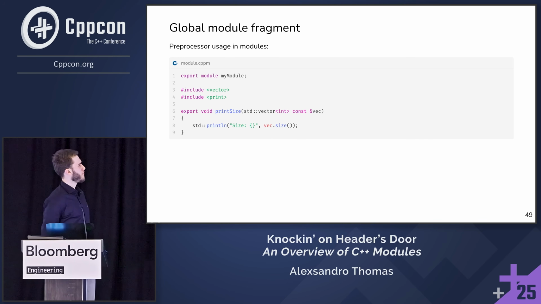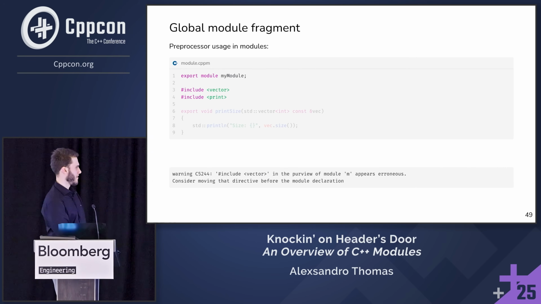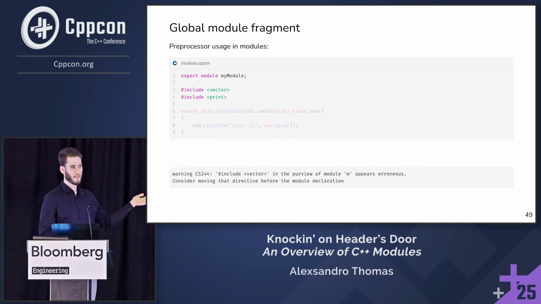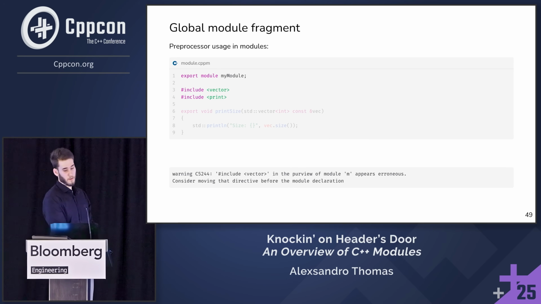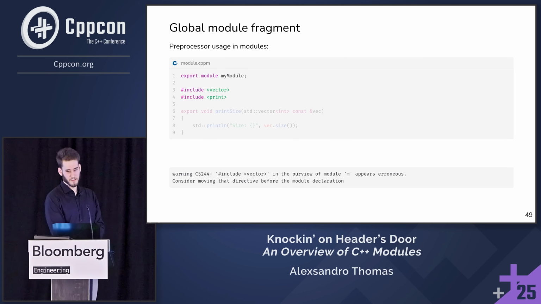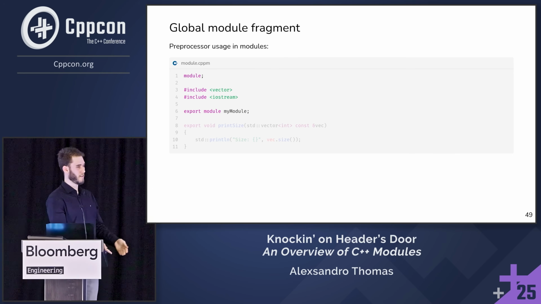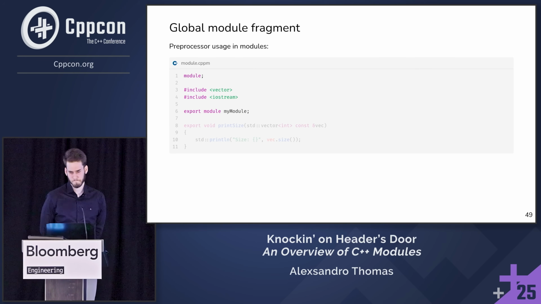The global module fragment serves a different purpose, and what it does is help you do something like this. So if you need to include vector and print, for example, if you try to do it in the main part of the module, your compiler will even tell you that this include appears erroneous, and the reason is that everything that you're putting here is treated as something that you want to export as part of the module. So the global module fragment adds a tool for you to just move everything into a place that is not part of the interface or the purview, as it's called, of the module, and you just import everything you want or use any preprocessor definition that you want.